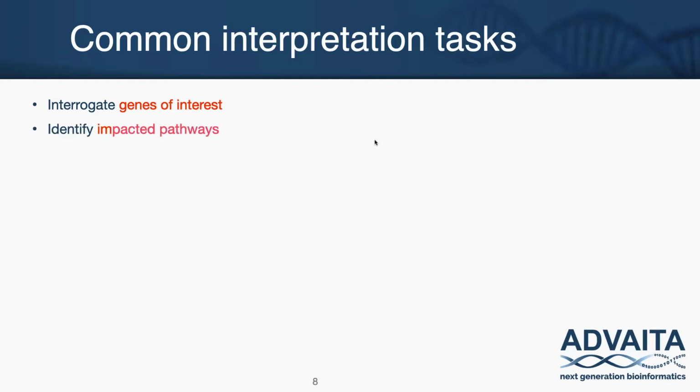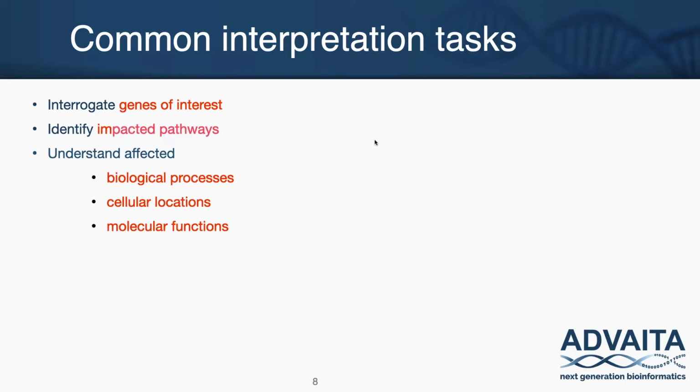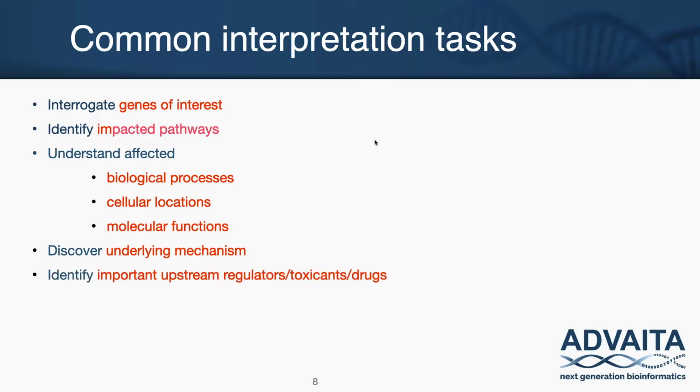The second is, what pathways are impacted in my experiment? Are there any affected biological processes, cellular locations, or molecular functions? What are the underlying mechanisms driving the results that I'm seeing?